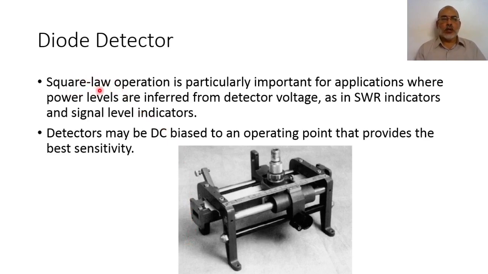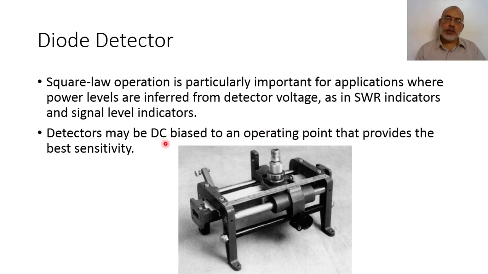The square law detector is particularly important in many applications, for example for power level measurement in standing wave ratio meters. In a standing wave ratio meter, we use the Schottky diode as a power detector to measure the power level at different points, and from these power levels we can calculate the standing wave ratio.